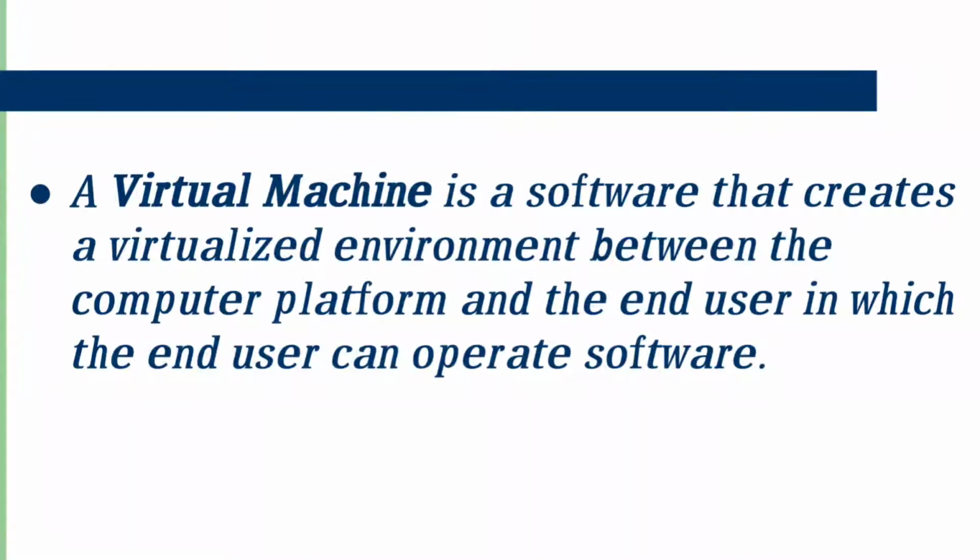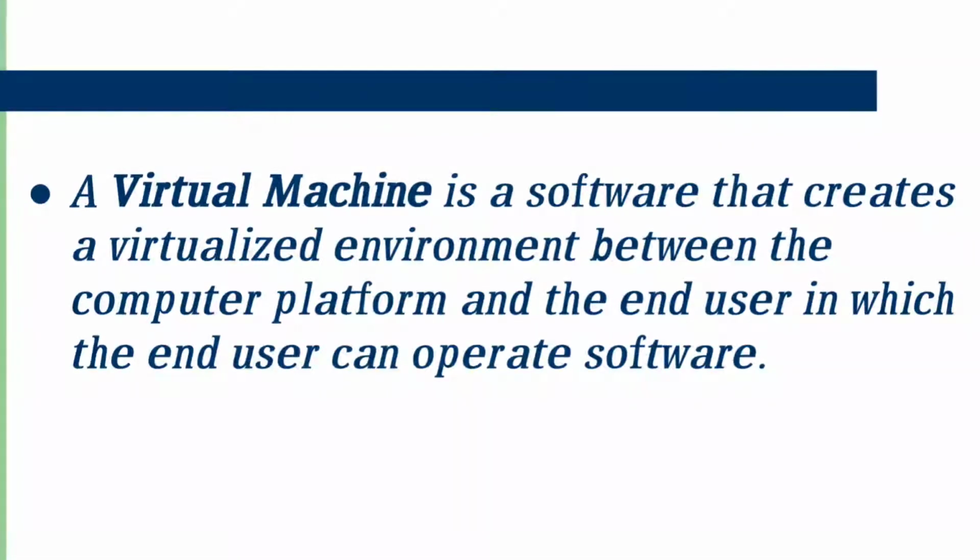Computer platform in the sense is the operating system, whichever operating system you are trying to use. Say for example, you have installed the Microsoft Windows operating system. Within Microsoft Windows itself, you can use many operating systems like Linux Mint, Ubuntu, Fedora, Kali.